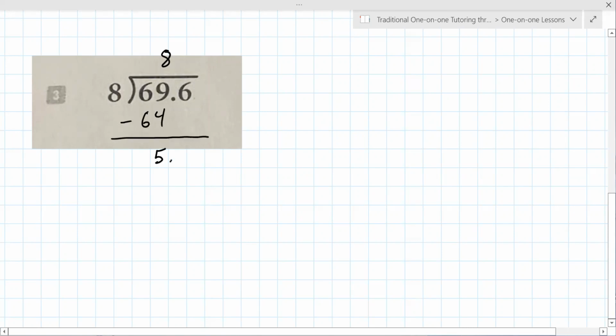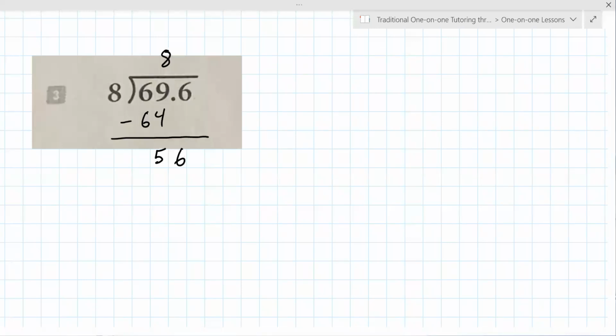You don't need the decimal. 6, and then 8 can go into 56 7 times. 7 times, perfect. And you move the decimal up just like that.